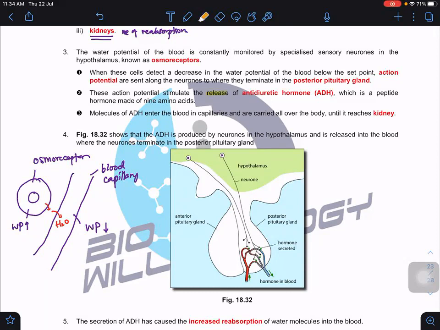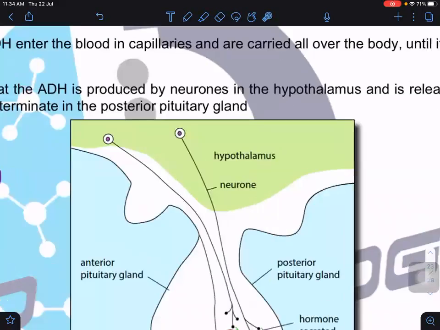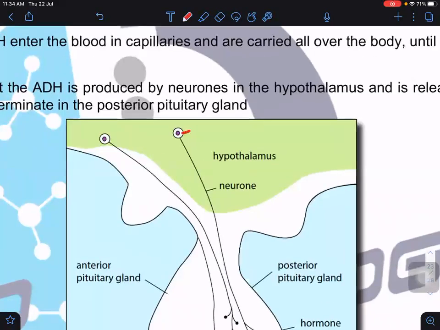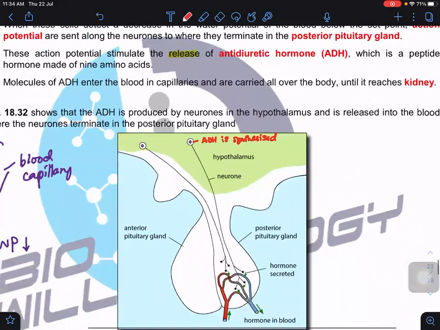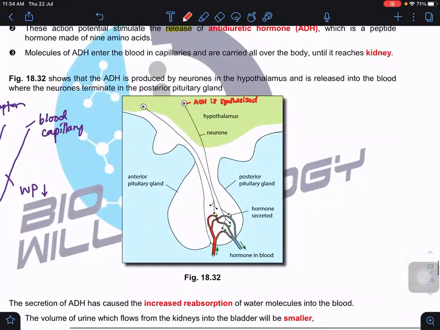Now, students always get confused about the glands here. The posterior pituitary gland is not the one that synthesizes ADH. Who synthesizes ADH? ADH is synthesized in the hypothalamus, at the cell body of the neurons.